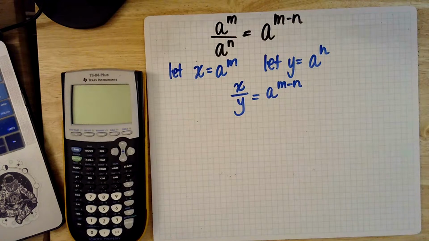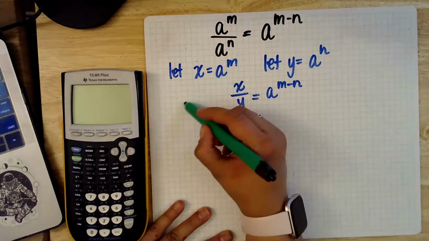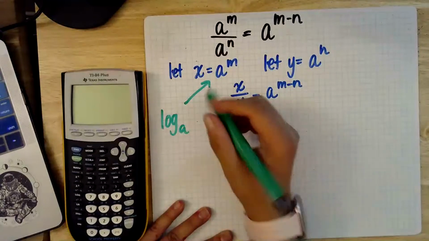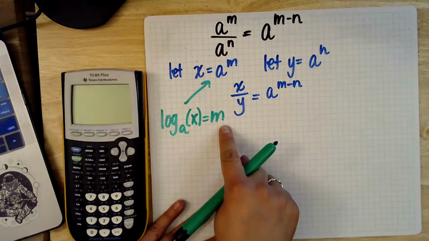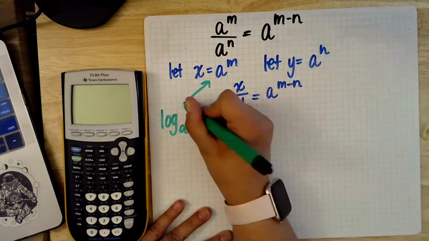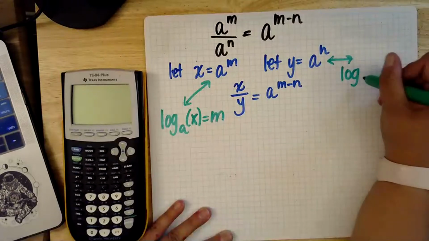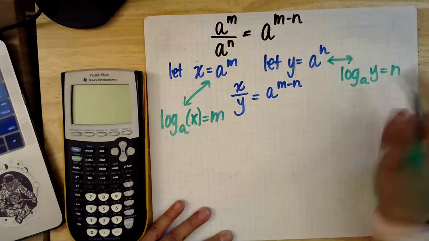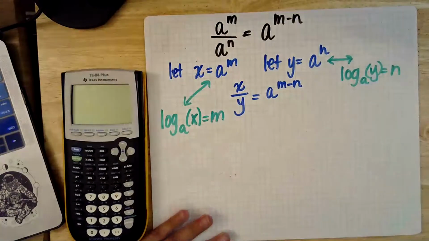Now I'm going to convert this to its logarithm formula. So I know that log a of x is equal to m. Again, a to the m is equal to x. And over here, log a of y is equal to n. A to the n power is equal to y. So I hope you can see that.